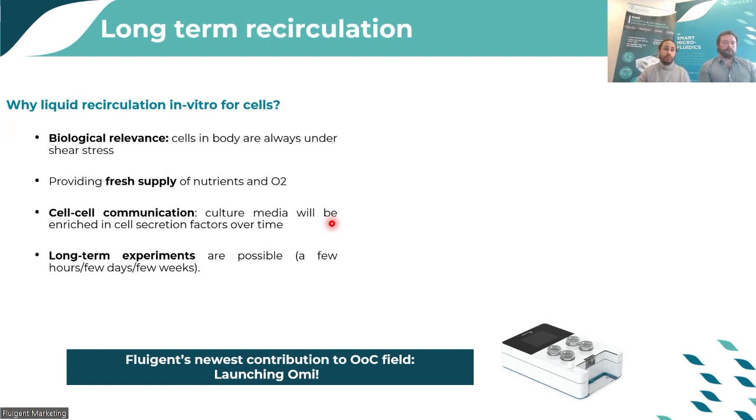So the idea is to have a recirculation. Recirculation is really important to keep these secreted factors inside the media that is recirculating during the whole experiment. And it also allows long-term experiments for cell lines. It could be hours, but sometimes you need to make long-term experiments from days to weeks to have better results.